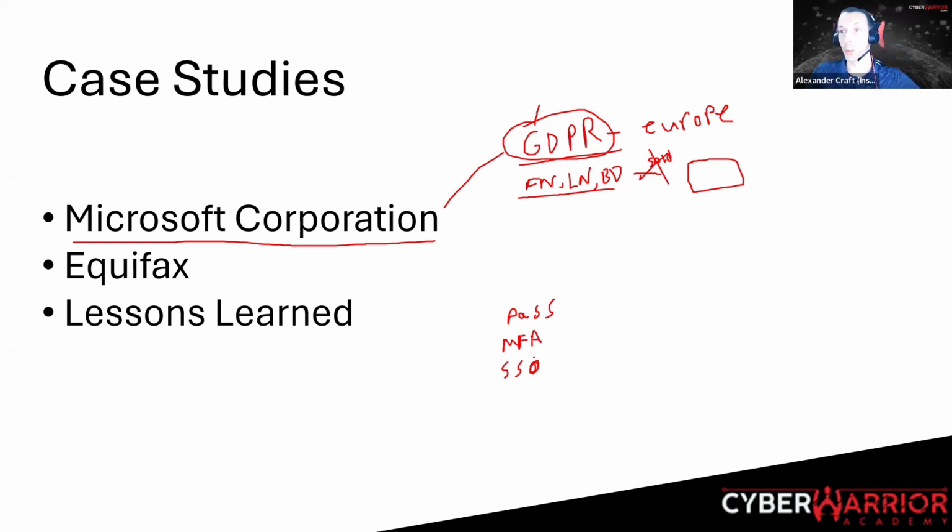These technologies don't purely exist to protect systems. They do make things more efficient as well, because you don't have to keep re-authenticating to a bunch of systems for that exact reason. Okay.